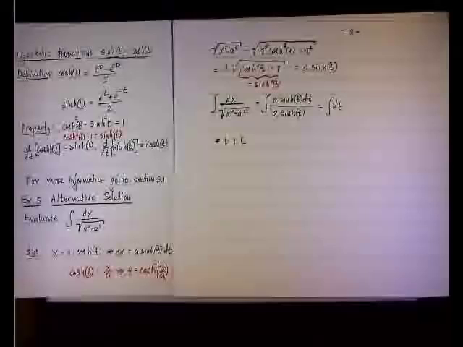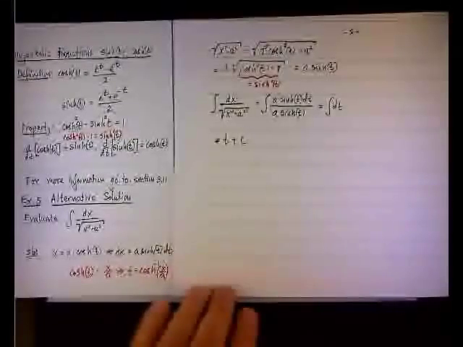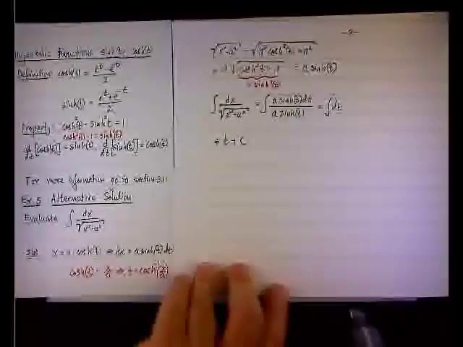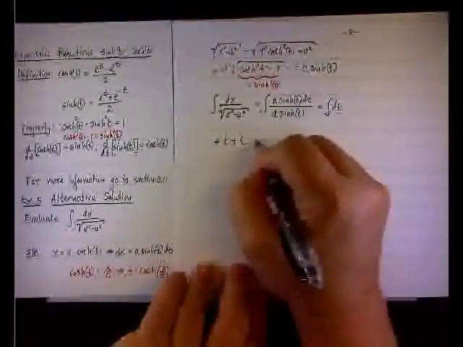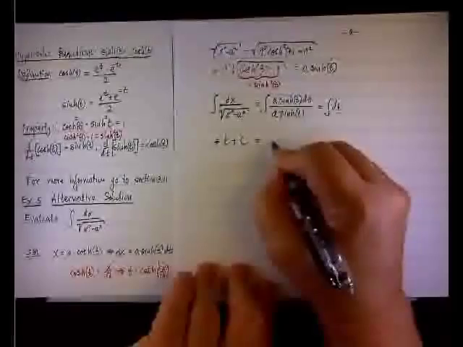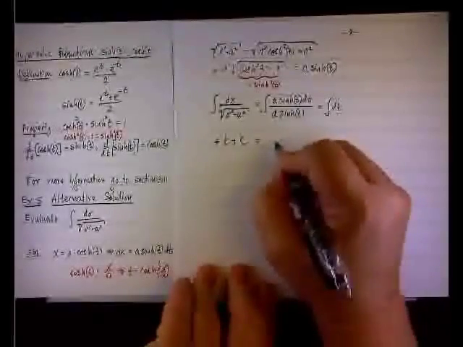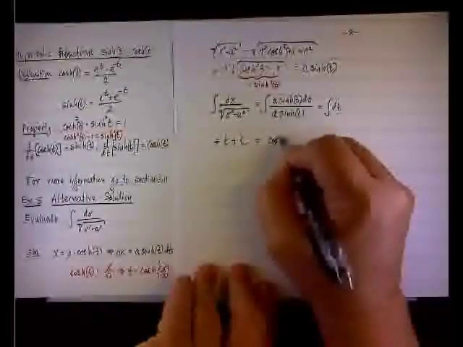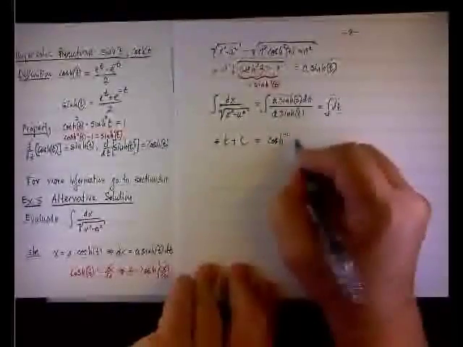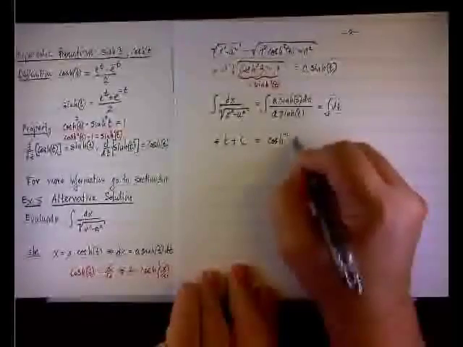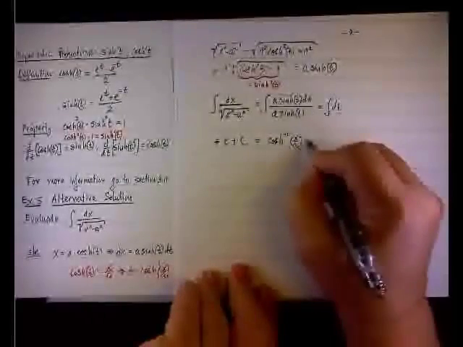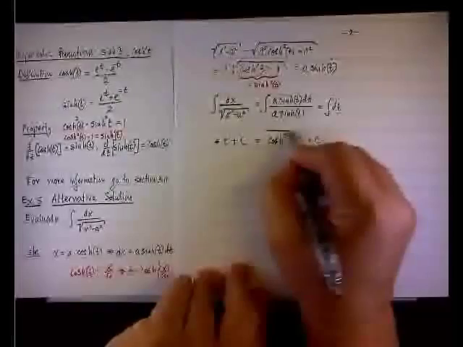Notice that it is pretty much the same treatment as we would give trigonometric inverse functions. You have trigonometric inverse functions and you have hyperbolic inverse functions. So the solution will be the hyperbolic inverse cosine of x over a plus a constant c.